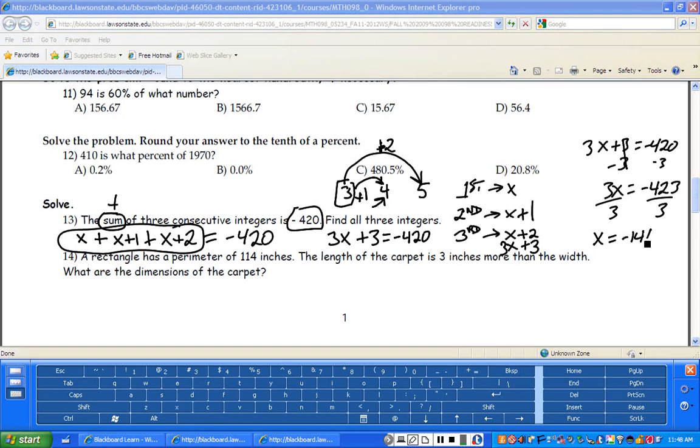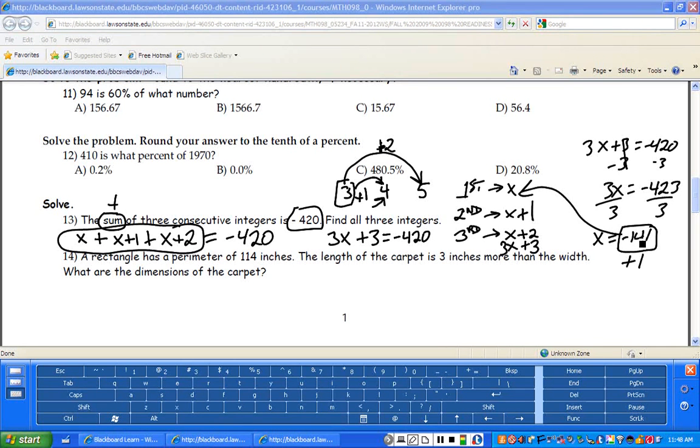So if x is negative 141, then this is your first number. Negative 141 is your first number. Your second number would be negative 141 plus 1, because it's x plus 1 for your second number.